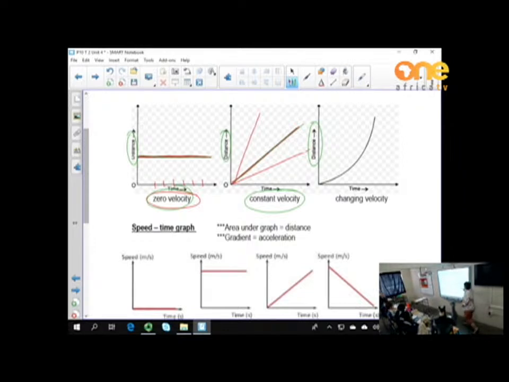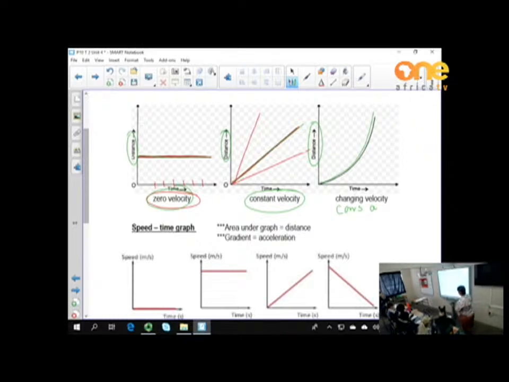And when I have constant acceleration, in other words my velocity is changing, because at that point I have one velocity, at that point another, I'm going faster and faster, this is what the graph would look like. If I'm accelerating, my distance time graph looks like that.